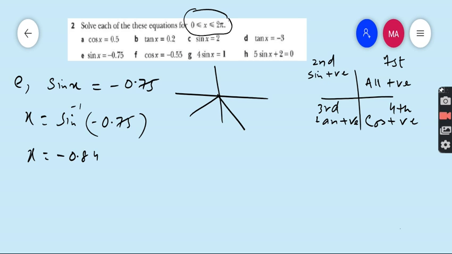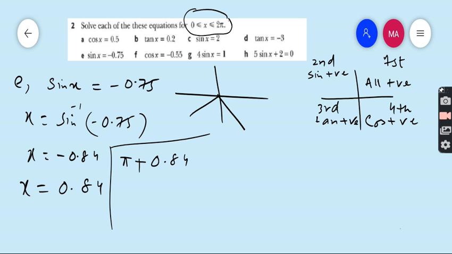but because the domain given is only positive angles, only positive values of x, we have to consider this value as positive 0.84. And now find the value in third quadrant. Just add pi plus 0.84 because we need this value. This is pi and this is 0.84. And for fourth quadrant we have to subtract this value.